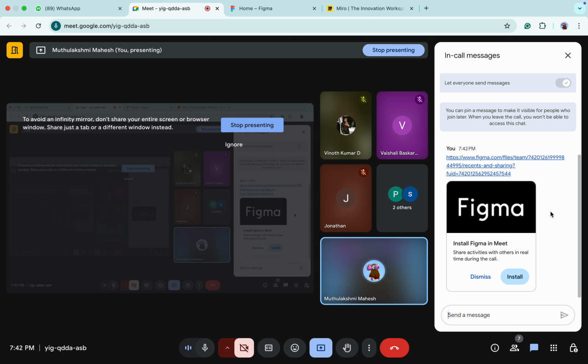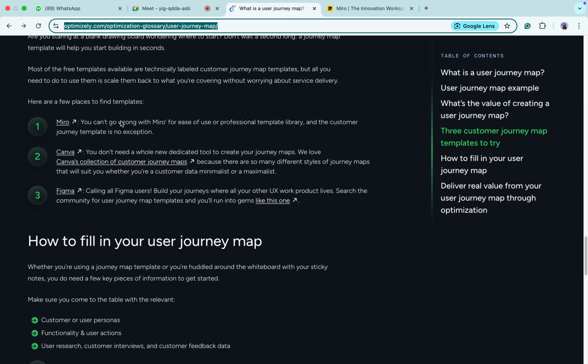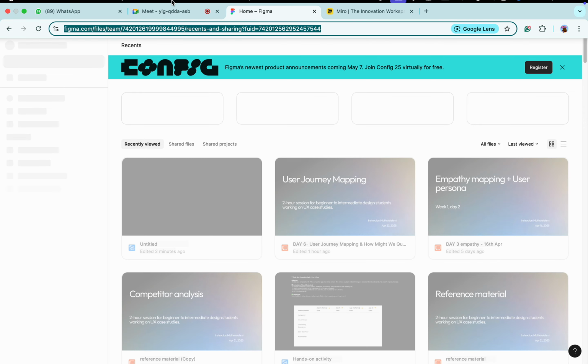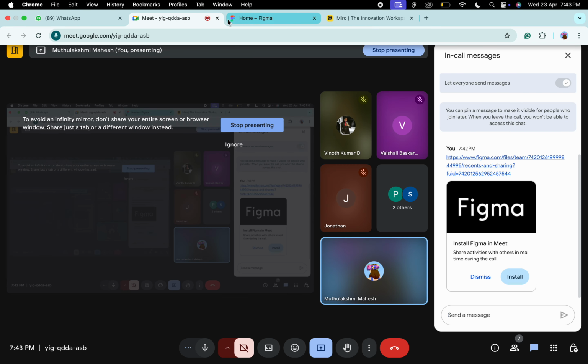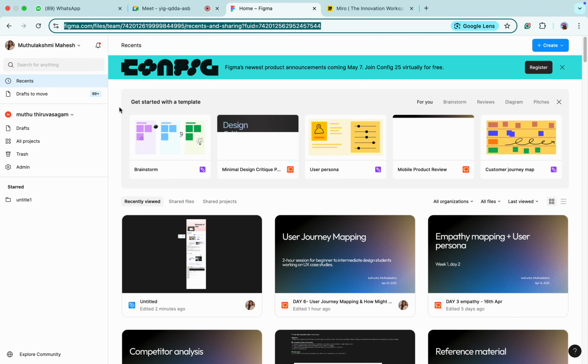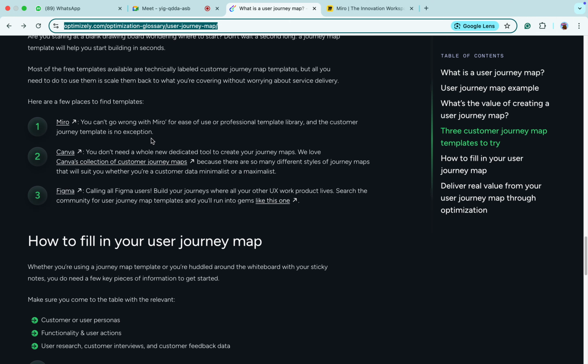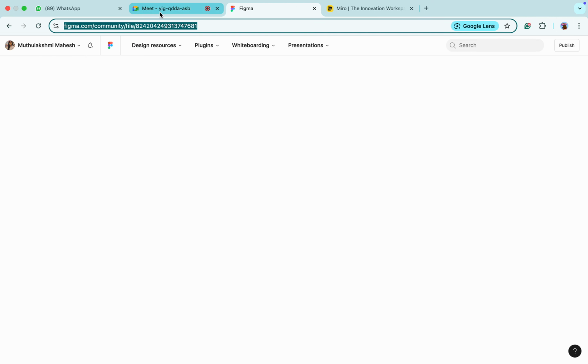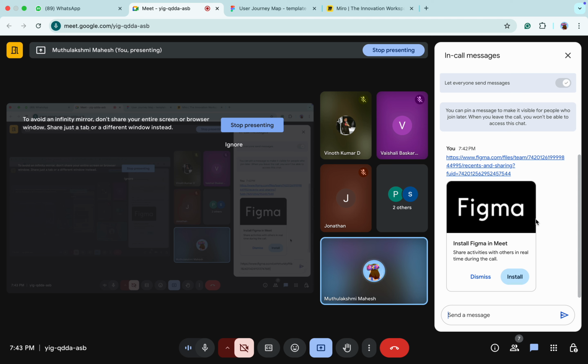This is a Figma template that you can use for the user journey mapping.